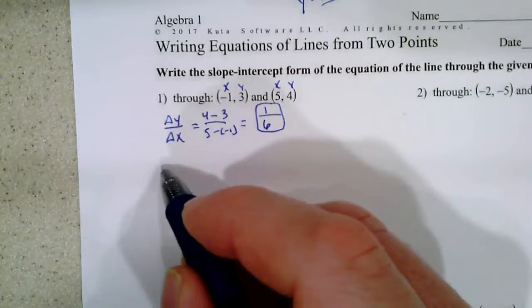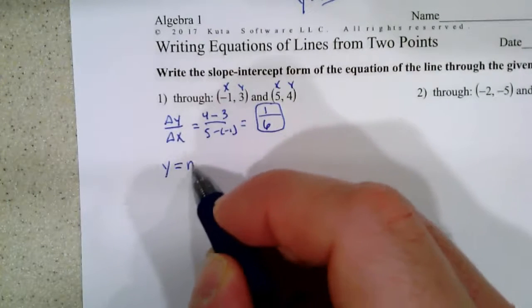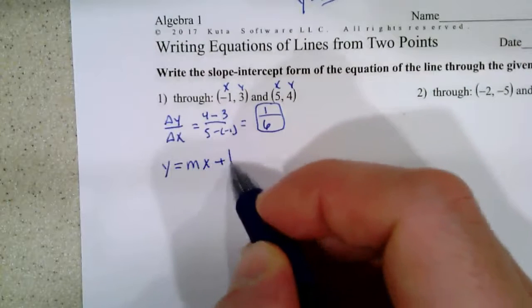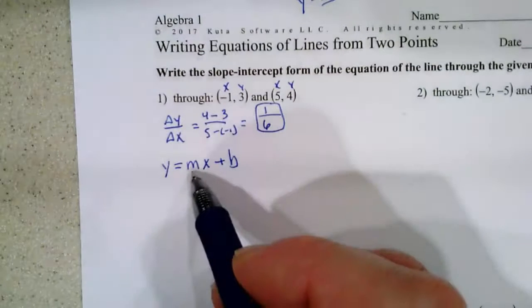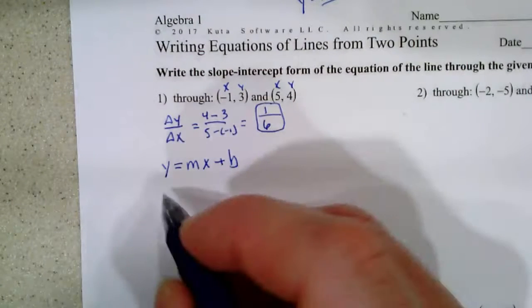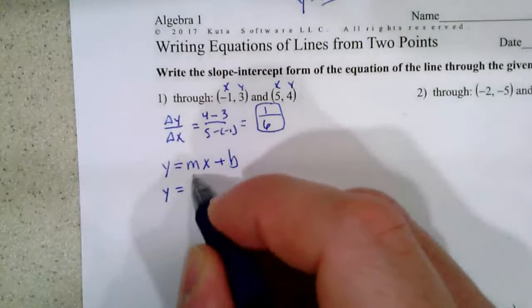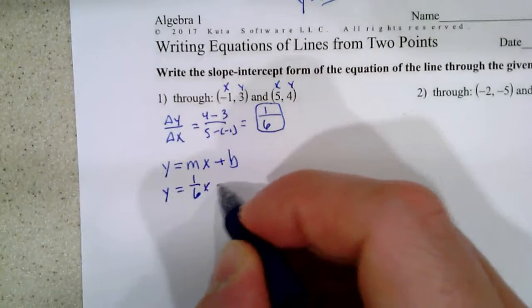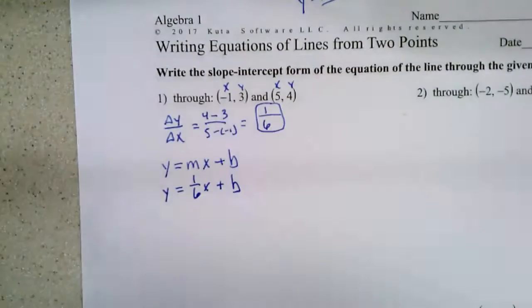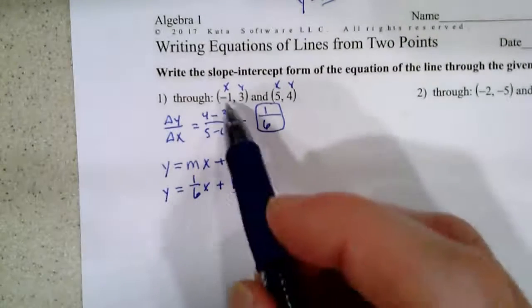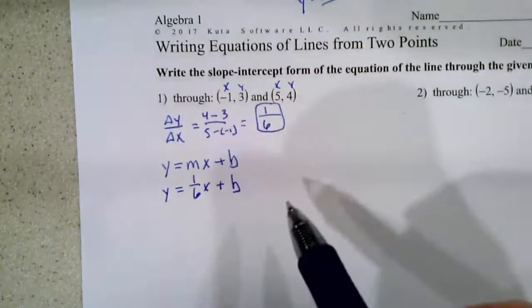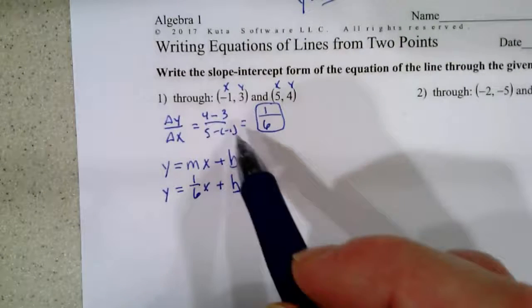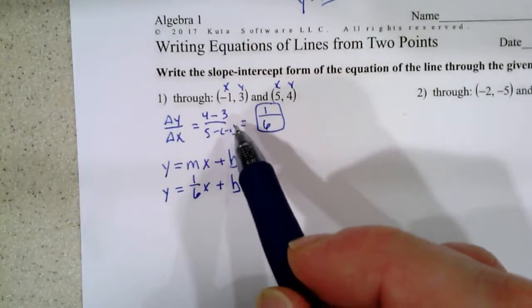So then we have our equation y equals mx plus b. We know what the m is now because we know the slope is 1/6, so we'll fill that in. 1/6 x plus b. And now we got to fill in y and x from one of these 2 points.